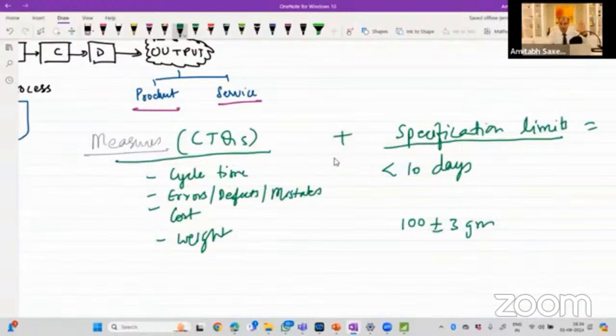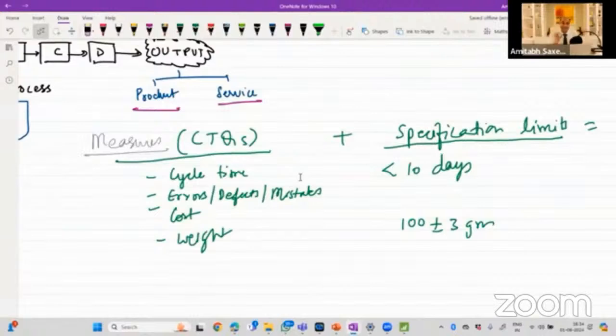So I hope you understood what Lean and Six Sigma is. Now I'm repeating the definition. Lean and Six Sigma is using a project approach to improve the processes so that the customer is satisfied.